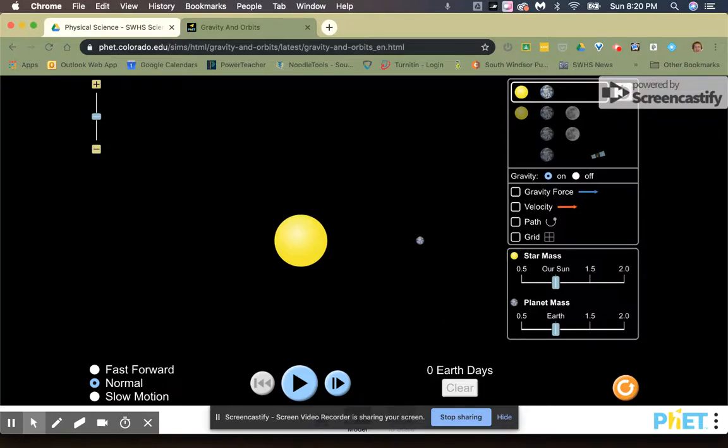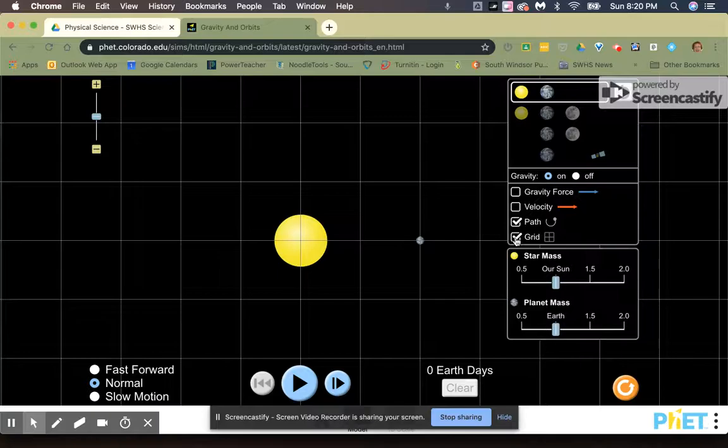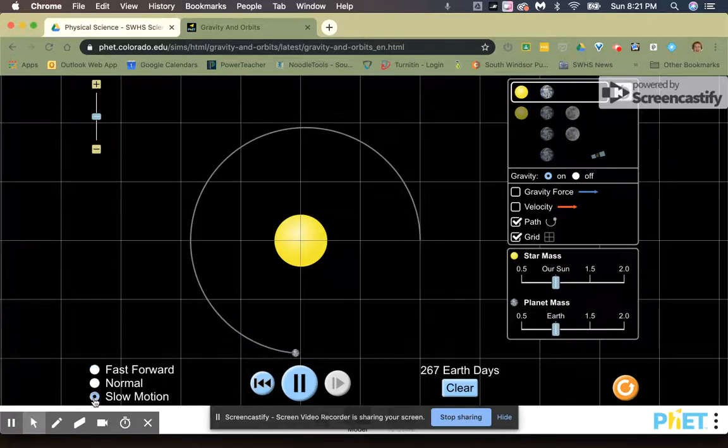My suggestion is to begin working with the simulation with the path and grid buttons open. Checking these gives you a nice grid layout, and you can watch as Earth moves along the path it follows. Since we're here, you can also click it into fast mode, which actually decreases the accuracy of the algorithm apparently, or you can go into slow mode, which improves the algorithm as well, but it's very slow to watch.